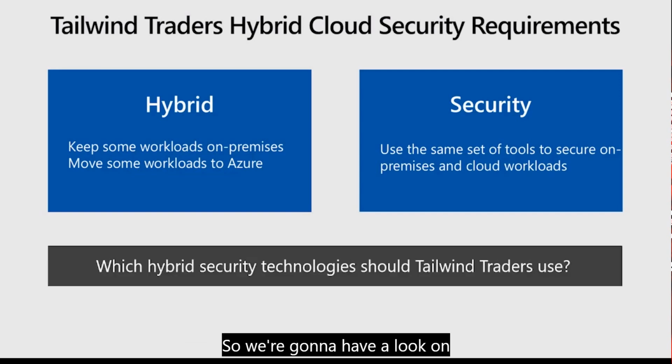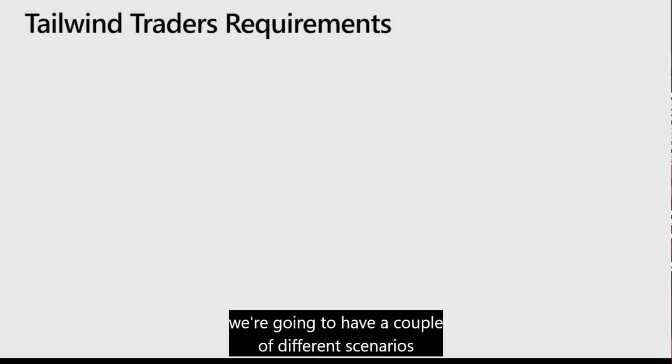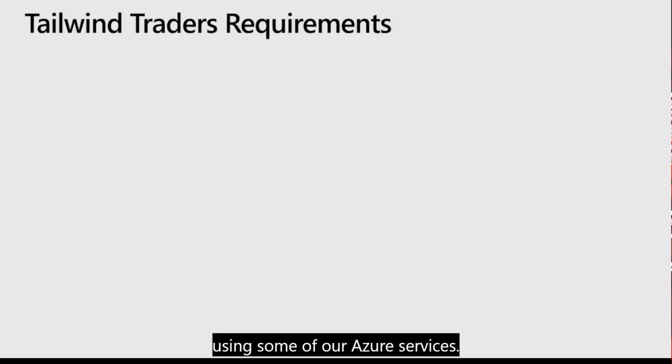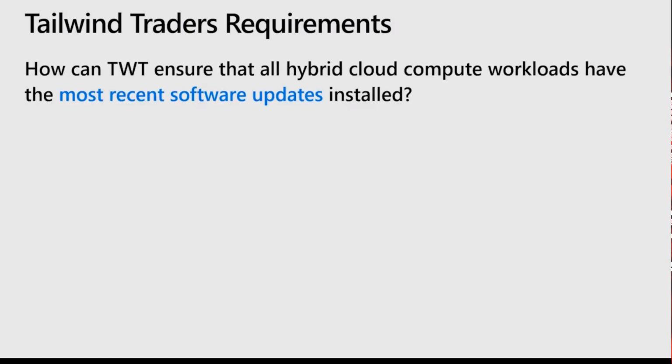So we're going to have a look at which hybrid security technologies Tailwind Traders should use for their environment. In this session, we're going to look at a couple of different scenarios Tailwind Traders will have, and some of the challenges they're dealing with today. And we're going to have a look at how they can solve these challenges using some of our Azure services.